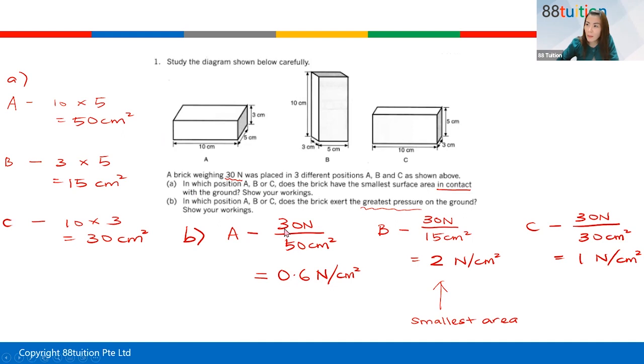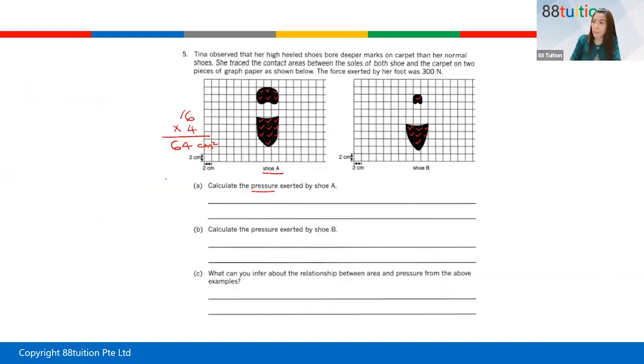Here I use 30 Newton divided by 50 cm squared. So 30 Newton refers to weight, which is force. And 50 cm squared refers to area, isn't it? All right, so pressure is calculated using this formula, force over area. Okay, so let's look at this question. Finish this up. Okay, don't give up.